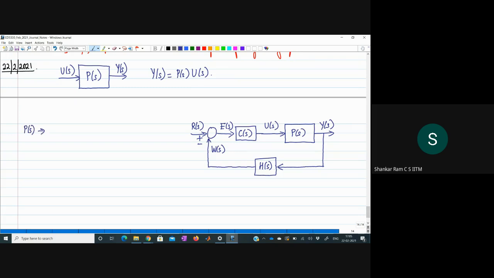P of S is the plant or system transfer function. C of S is the controller transfer function. And H of S is what is called the feedback path transfer function.